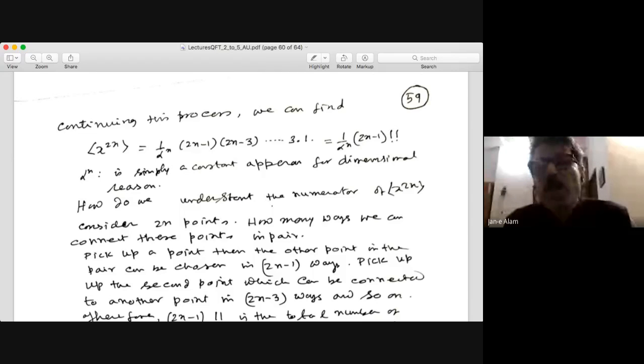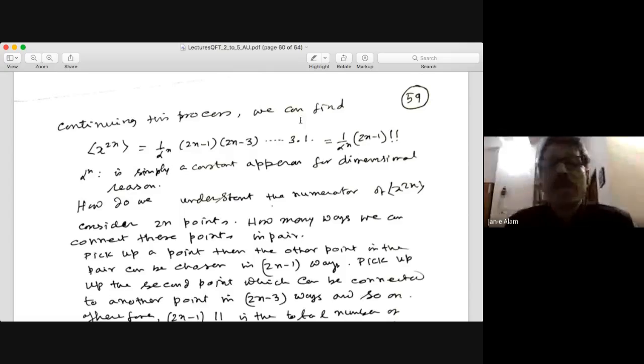So this first point I can connect in 2n minus 1 ways. Once that is done, I can pick up the second point, and that I can connect with the rest of the points in 2n minus 3 ways. So the next one I'll be able to connect in 2n minus 5 ways.